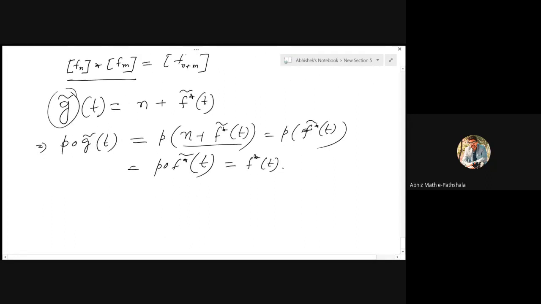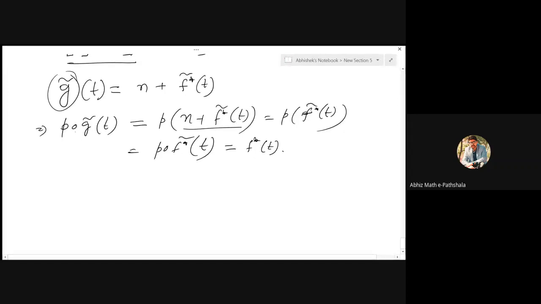Right? So this path is the lifting of f star which begins at n. F star tilde is the lifting of f star which begins at 0. So G tilde is the lifting of f star which begins at n. There are several liftings you can define, but once you specify a point, that lifting is unique.